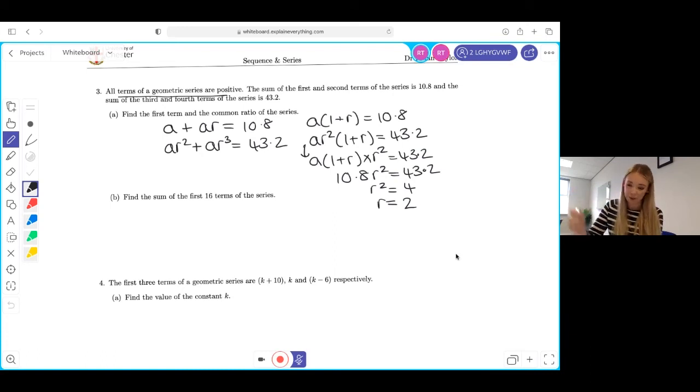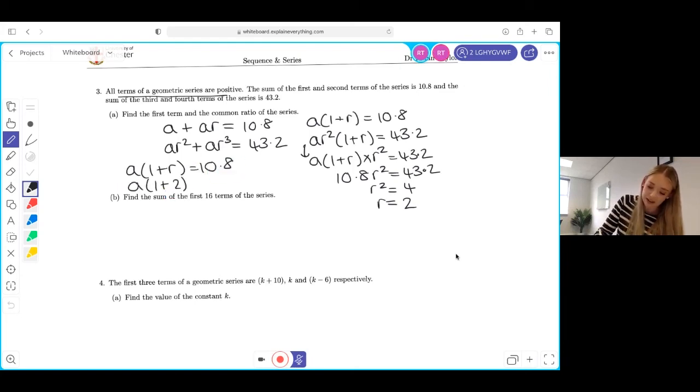So if I sub that back in, I'll go for my easy equation of A times 1 plus R. A times 1 plus when R is 2. And then we can rearrange that just to get a value of A is 3.6. So that's my first term and my common ratio for the series. These are usually always followed by find the sum of the first however many terms.